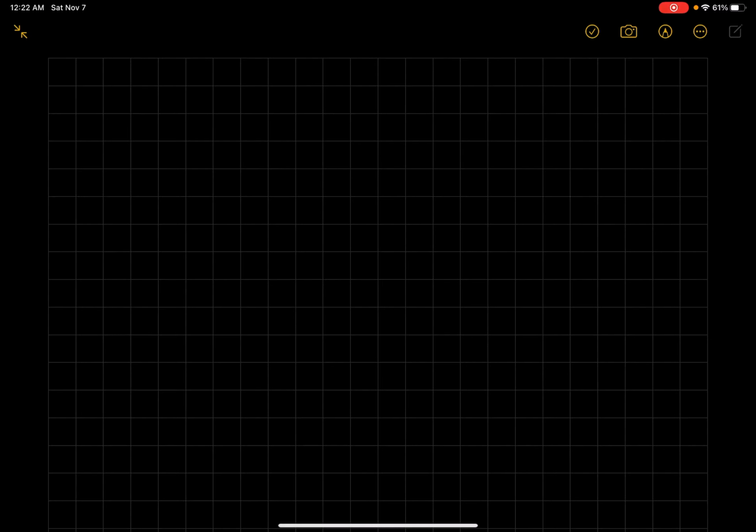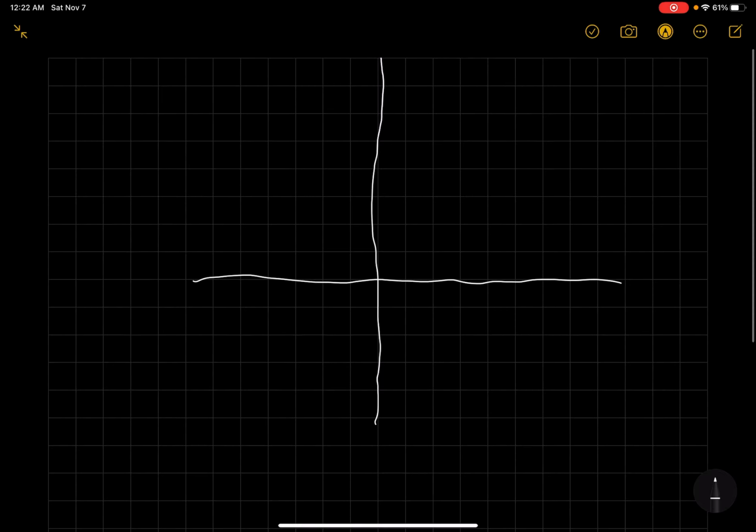Suppose this is the x-axis, and this is the y-axis. And we had our equation y equals 3 to the x plus 1. If we put in x equals 0, what would our y equal? Well, y would equal 3 to the 0 plus 1.